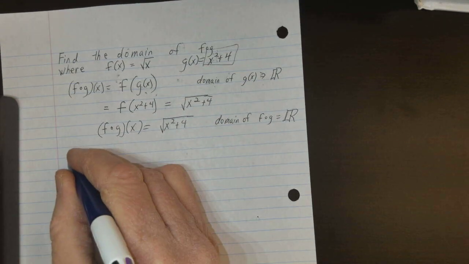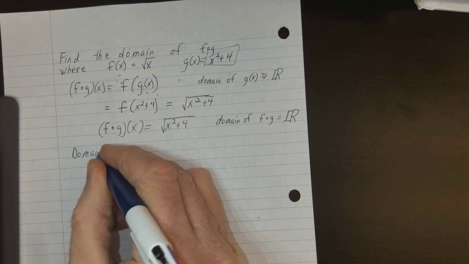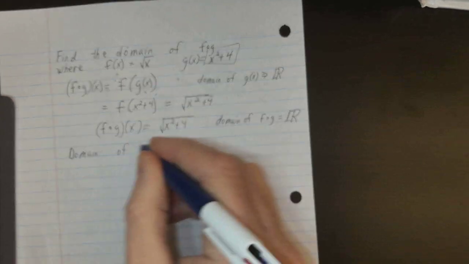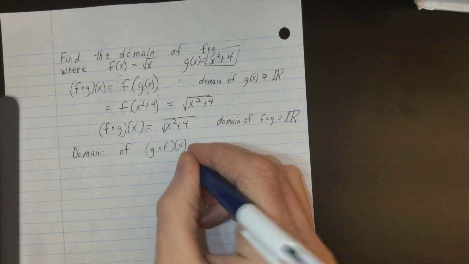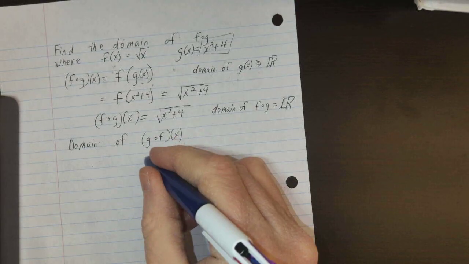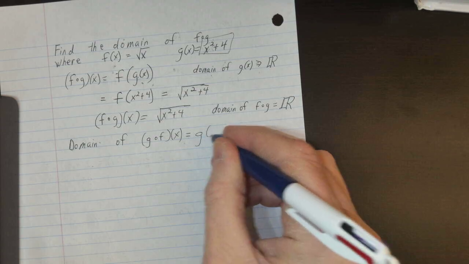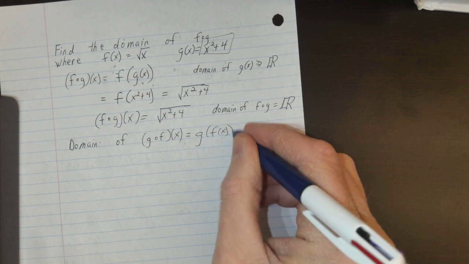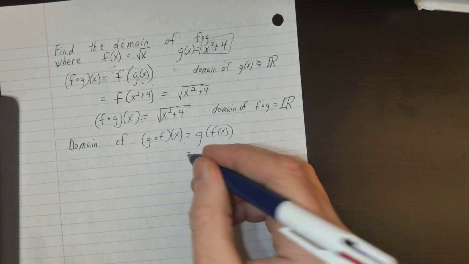Now, it is a little different. Let's find the domain of g circle f of x. Well, now g circle f of x, that is g of f of x, which is, let's figure out what that is first.